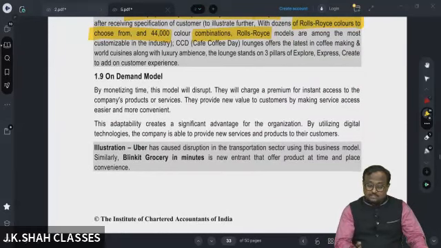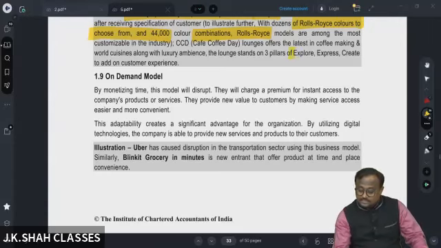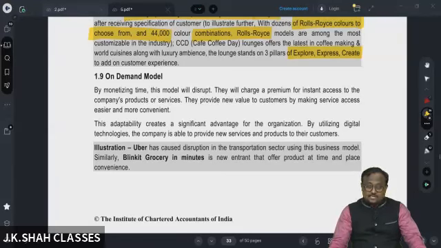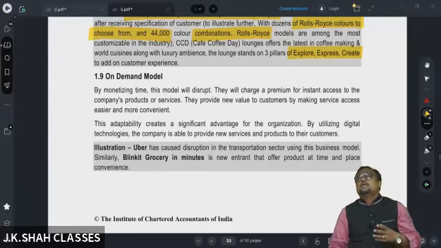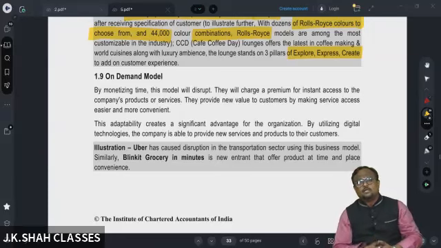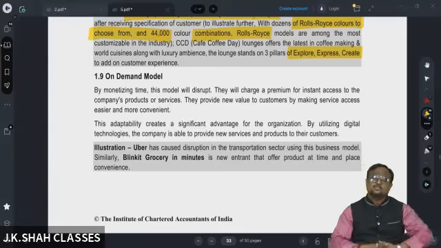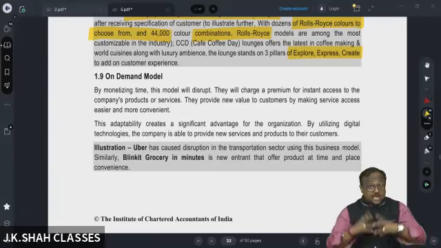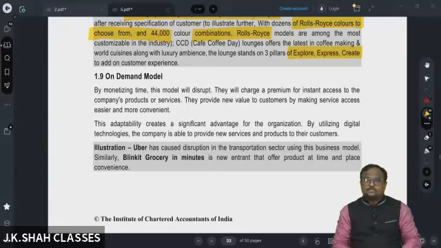Now they have given you the example of CCD also. So basically it is explore, express, and create the scenario. Like there are so many resorts in Igatpuri, Karjat, near Lonavala, near Khopoli, near Panvel, Alibag. They give you these facilities.